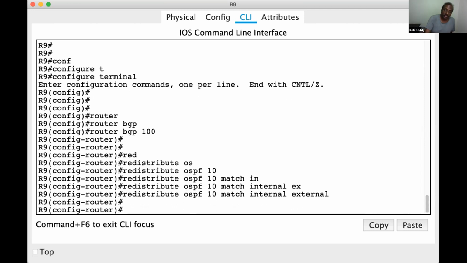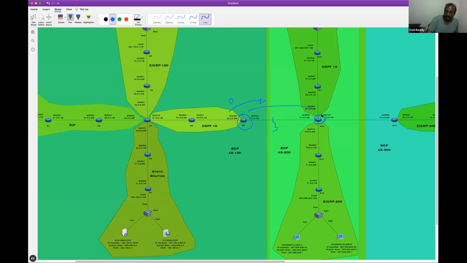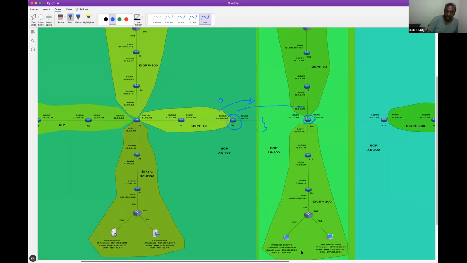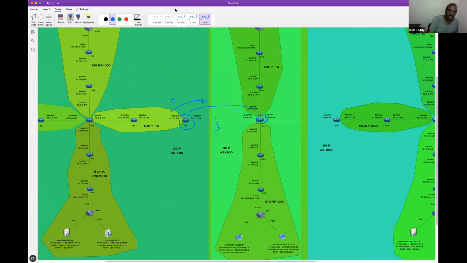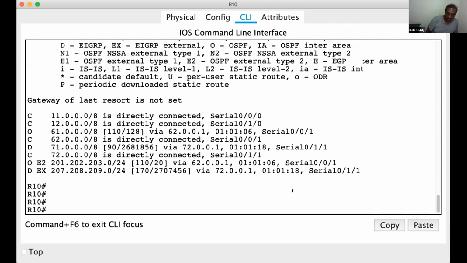So once I do this, if I go to the BGP router of ISP2, which is R10, I should see all these routes. I go to R10.